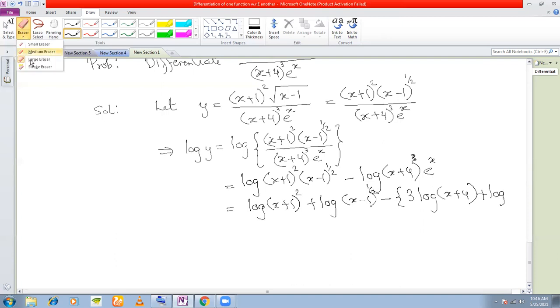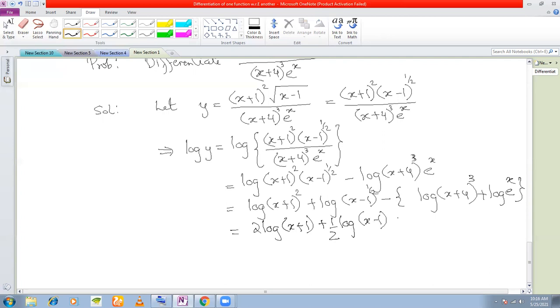Let's write it as log x plus 4 whole cube, and then we'll write by power rule, so twice log this by power rule, minus, and this you can write as x log e.